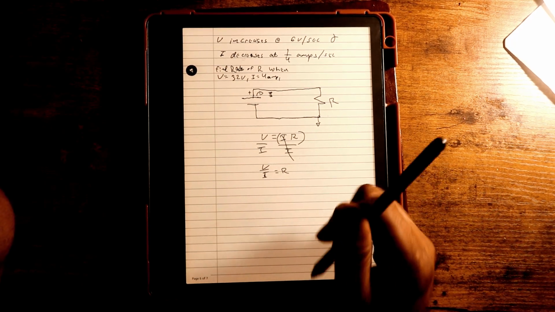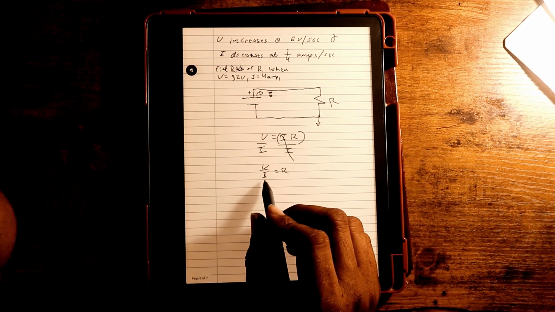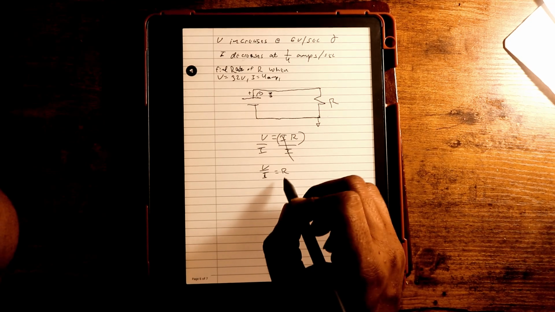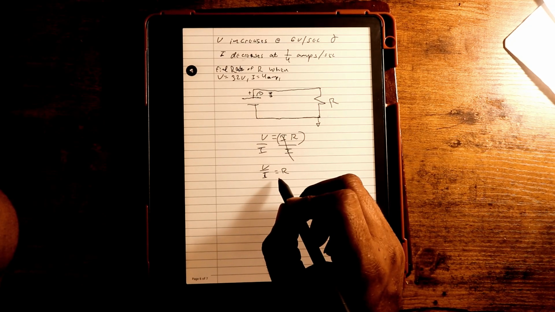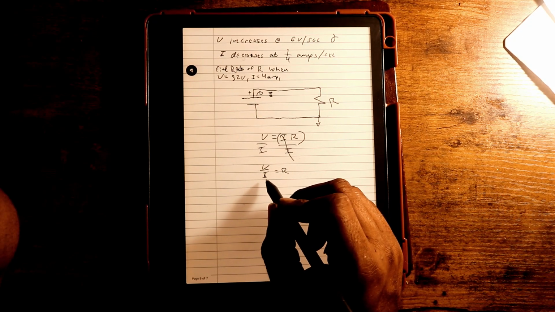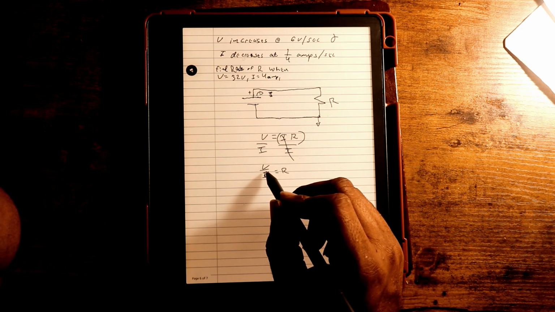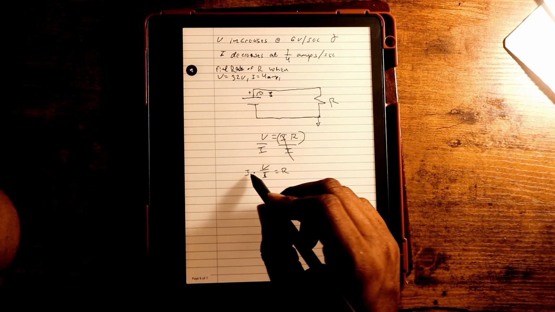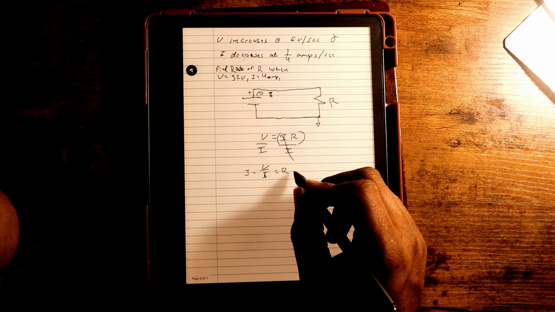Now, if we wanted to say, what is I, get the third form of this equation, well, we divided by I before, so now we're going to multiply by I on both sides.